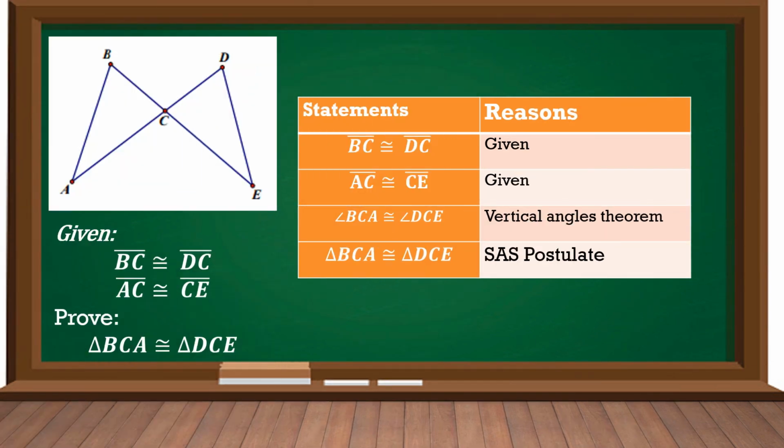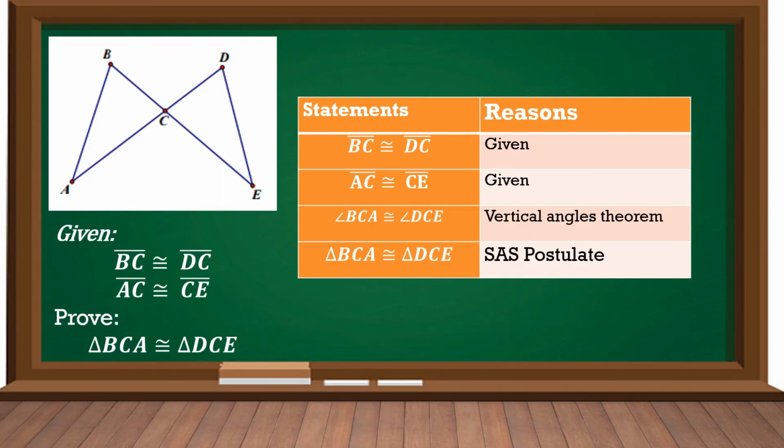Remember that the side angle side postulate says that if two sides of one triangle and its included angle are congruent to the corresponding two sides and the included angle of another triangle, then the two triangles are congruent. We now prove that triangle BCA is congruent to triangle DCE.